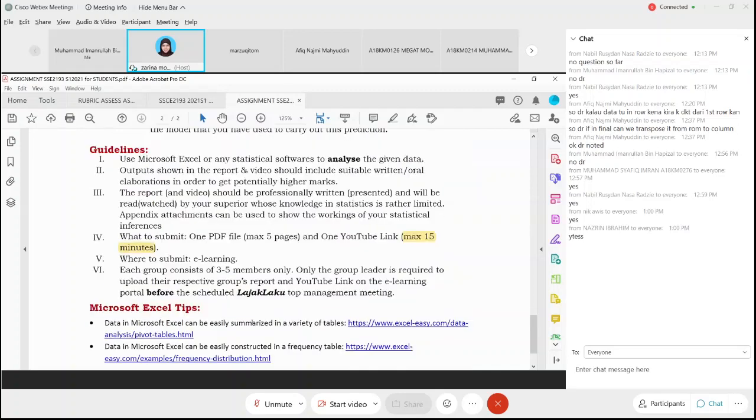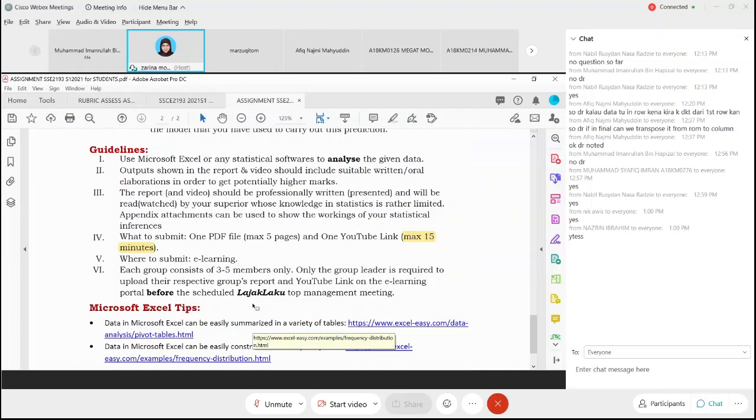Okay, guys. So I guess that's it for today, and I believe the data are very straightforward. You do have the data in Excel, and in the Excel you do have different worksheets for different groups. Okay, so you look for your own group worksheet, from where you get your data.